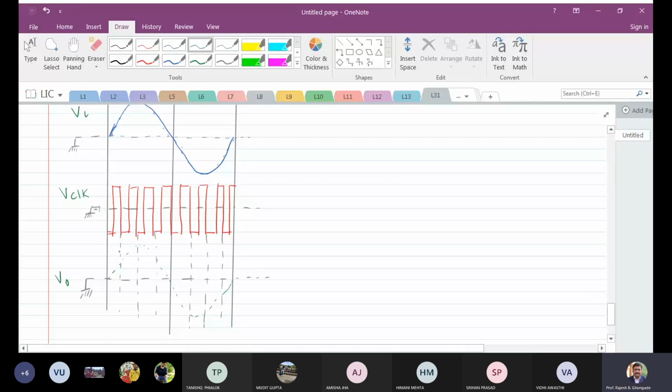Here we have the capacitor voltage at 0, and then in this particular section we see that the capacitor is charged, and then it will stay like this, go up like this, stay there like that.